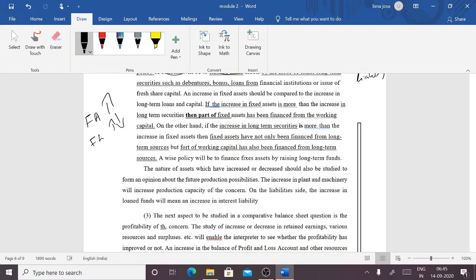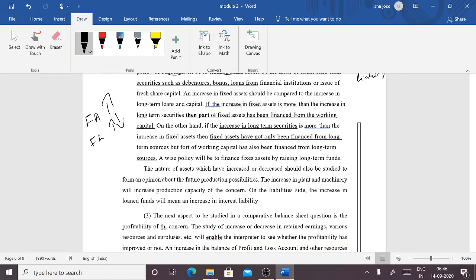So if fixed asset is more than fixed liability, that is the part which is being given here. Increase in fixed asset is more than increase in long-term security. That means in order to purchase a fixed asset, the company utilized amount from the liability part, fixed liability part.